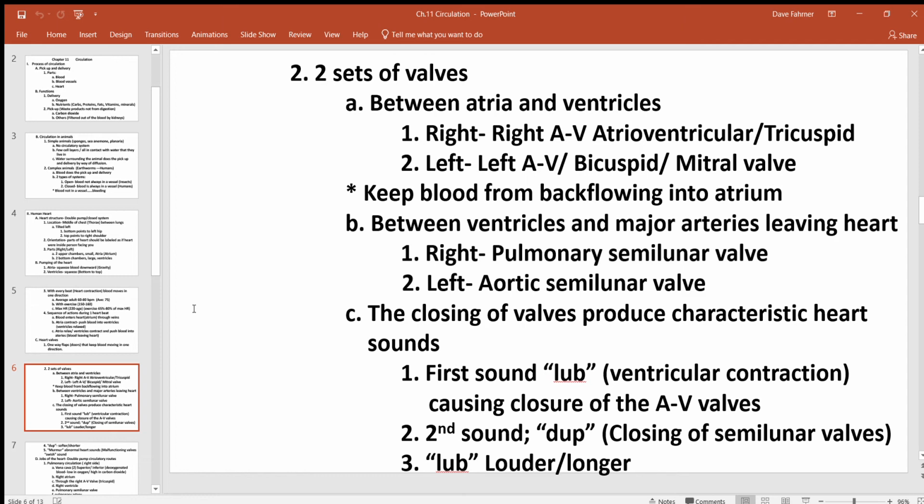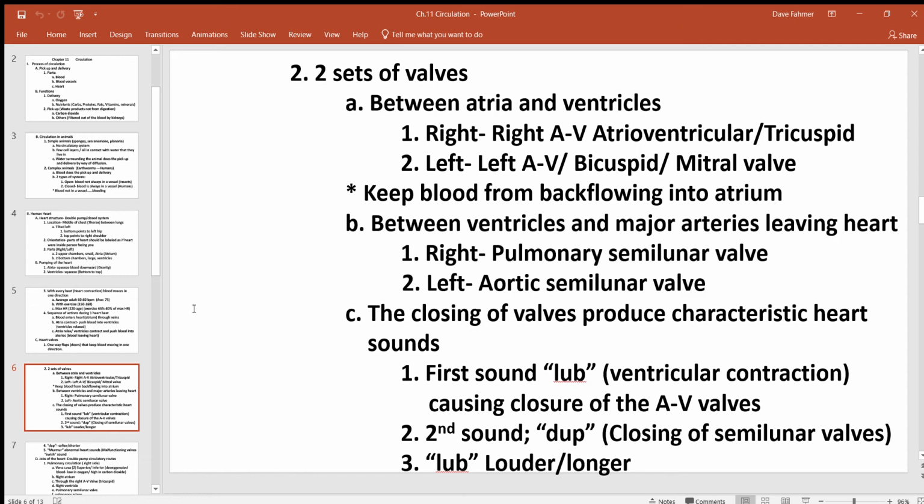So on the right side, we have a pulmonary semilunar valve that is between the ventricle and the pulmonary trunk or pulmonary artery that's leaving the right side of the heart. And it will keep blood from going back into the right ventricle. On the left side, you have the aortic semilunar valve, which is between the large artery, the aorta, and the left ventricle, and it keeps blood from backflowing into the left ventricle.